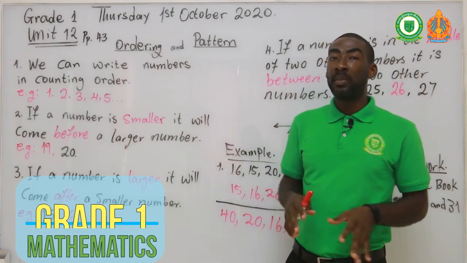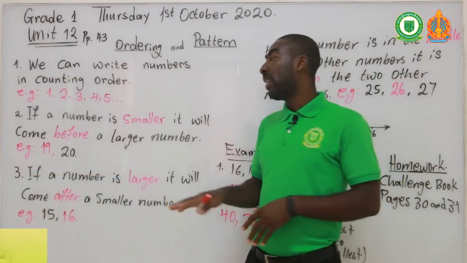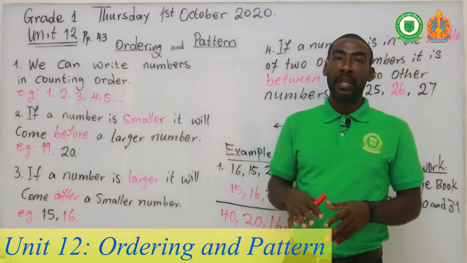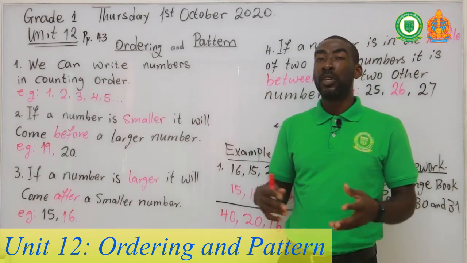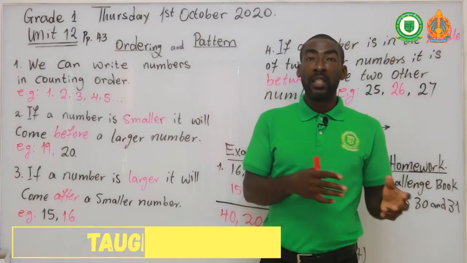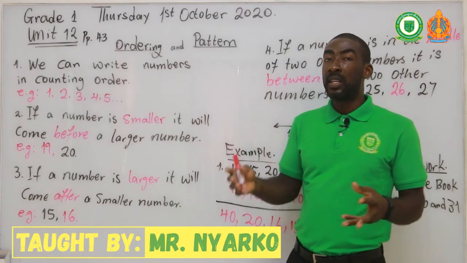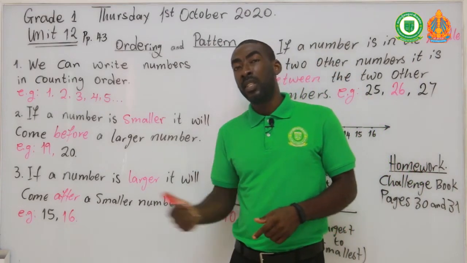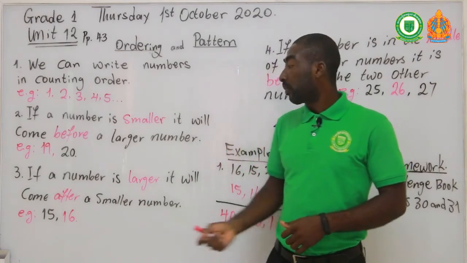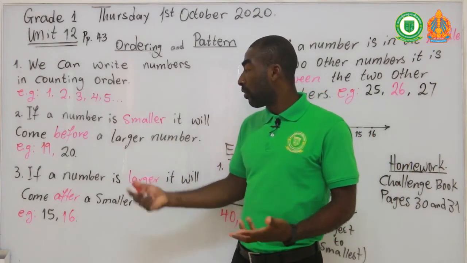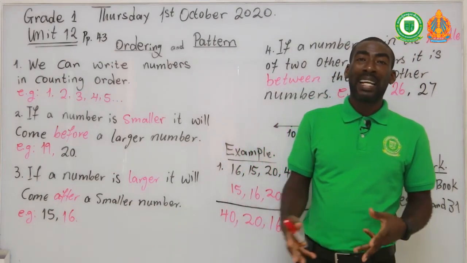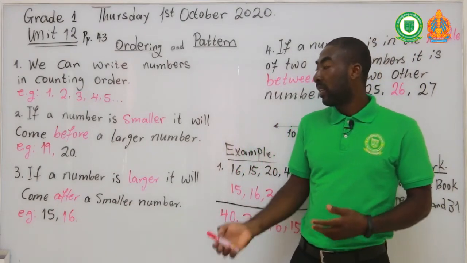So a smaller number is that number that comes before the larger number, okay? So when you put your numbers in order in the natural way, it means that the first one is the smaller one and it comes before the larger one, okay? That also goes to explain that your larger number is that number that comes after the smaller number, okay?